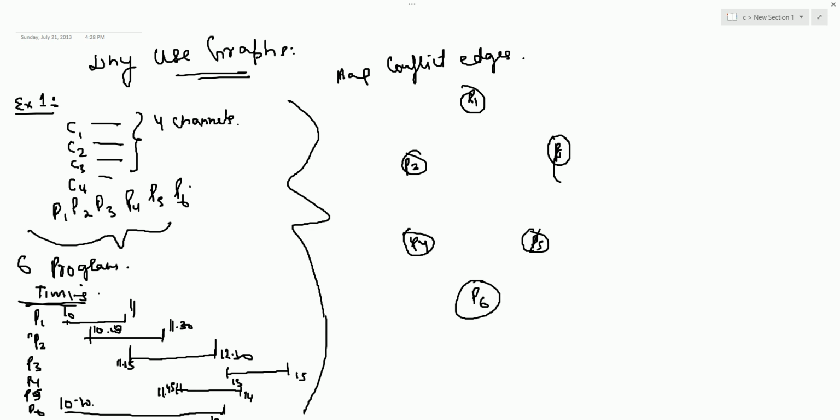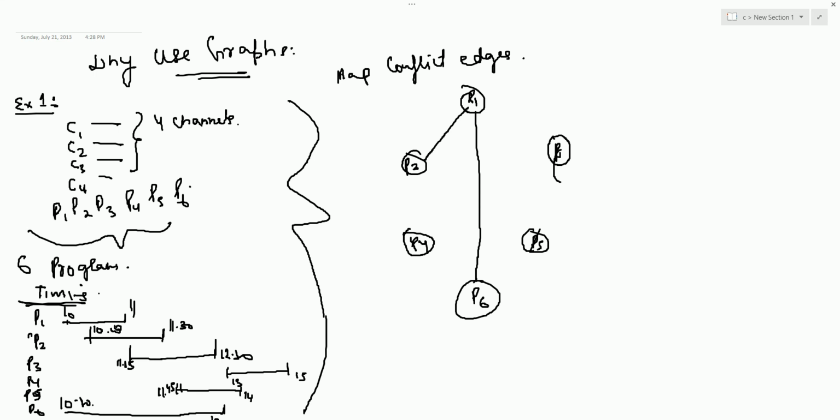Starting from P1: P1 has a conflict with P2, so draw a conflict edge. P1 also has a conflict with P6, so draw an edge.